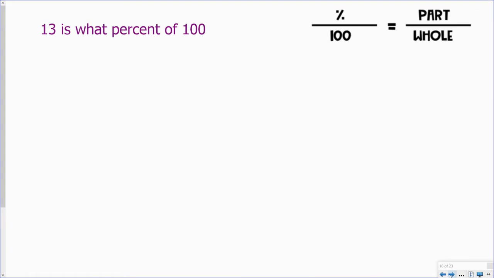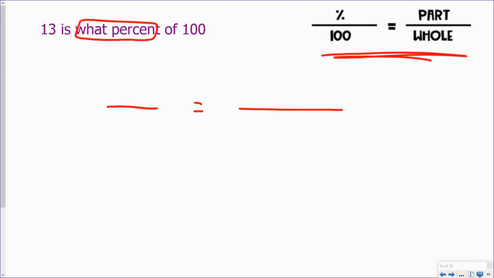So let's take a look at this problem here. It says 13 is what percent of 100? If I'm setting up my percent proportion, I don't know what my percent is, because right here's the question, what percent? So I'm trying to find my percent number, and I know that this is always 100.